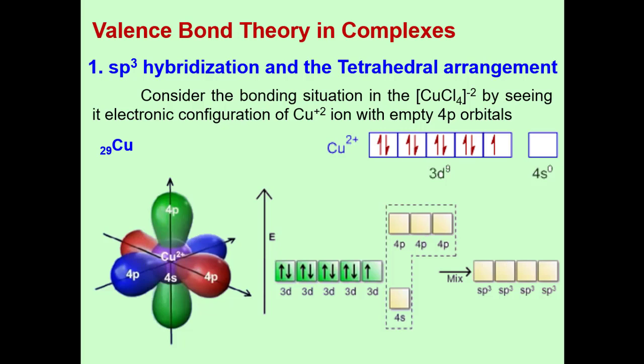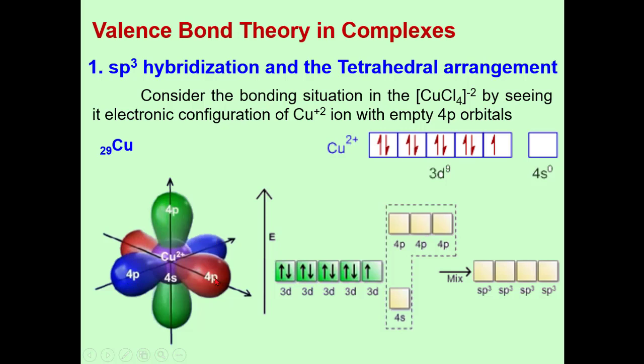Going further, now this is the unhybridized copper, in which copper plus 2 has a 4s orbital with no electron, and similarly three 4p orbitals. You have to look at them from the color code: this is the green 4p from the top, and this is the other lobe of the 4p orbital, this is a blue 4p.